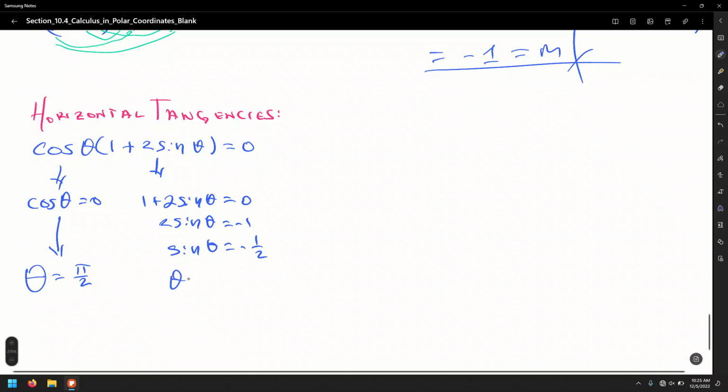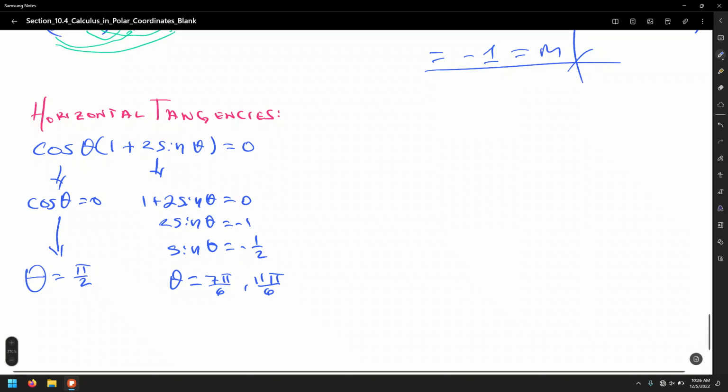In this case, this equation is true for 2 angles: 7 pi over 6 and 11 pi over 6. These are just values from the unit circle. All you need to do is look at the unit circle and look for the ordered pairs for which you see the sine, that is the y value, equals -1/2. All right.